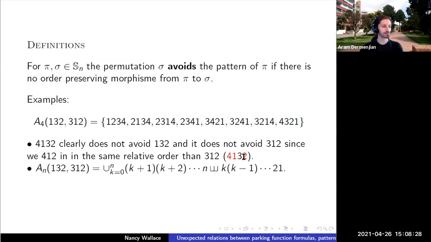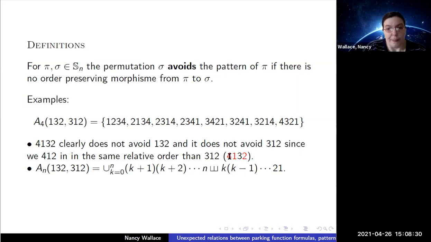The 4-1-2 is order isomorphic to 3-1-2, so it does not avoid 3-1-2. And in general, the permutations in S_n avoiding 1-3-2 and 3-1-2 are the shuffle of k+1 to n and k to 1 in decreasing order.